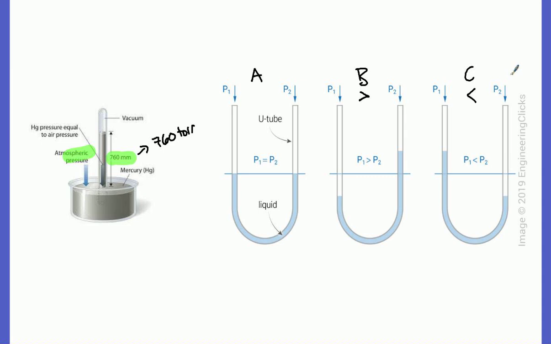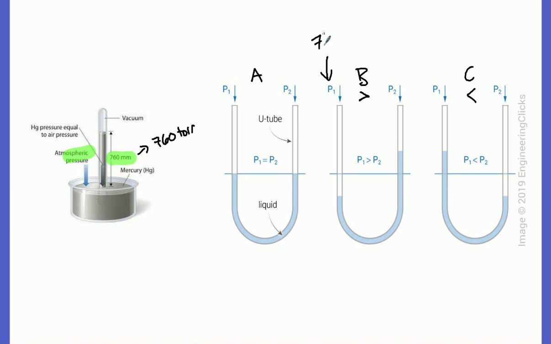Now, if that was mercury in those tubes, and I'm comparing two pressures, what I can end up doing is knowing one pressure and figuring out what another one is. So the purpose of a manometer is that I would have pressure 1 that might just be my atmospheric pressure that I can measure with a barometer, like the barometer on the left.